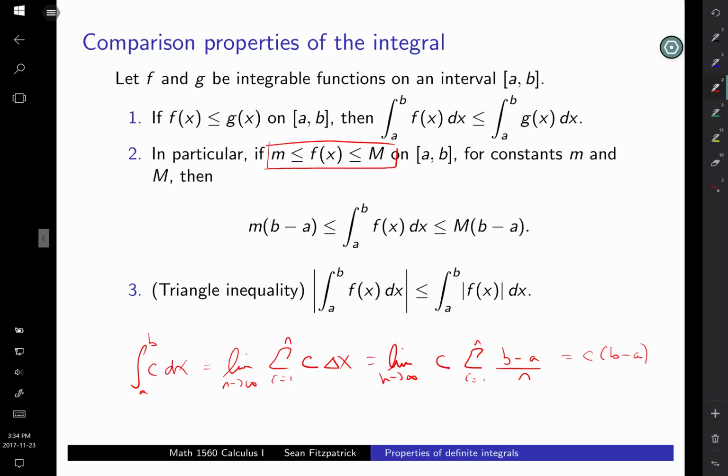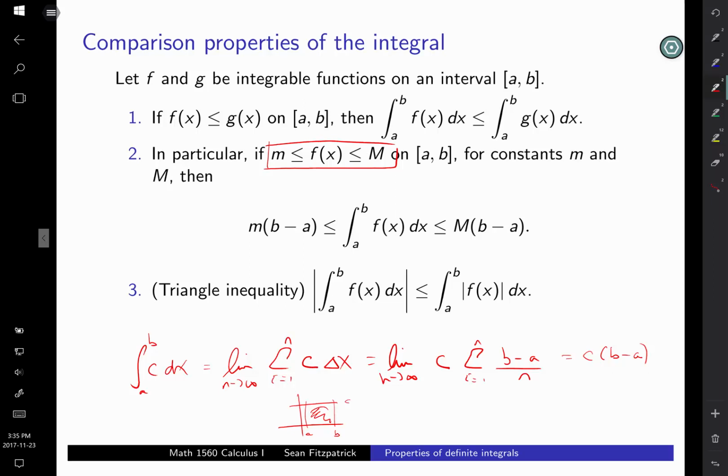So if you integrate a constant, you simply take the width of the interval multiplied by the constant. All we're doing here is the area of a rectangle. That's all it is. Here's your constant value, a, b. We're calculating this area of a rectangle. We'll see that this particular inequality is going to come in handy for us understanding the fundamental theorem of calculus.